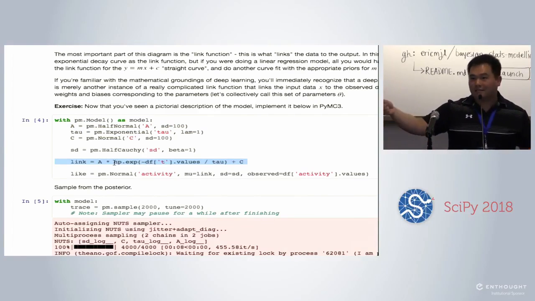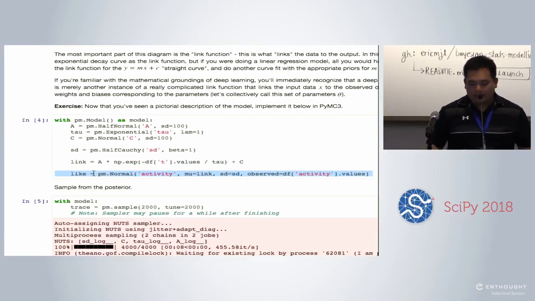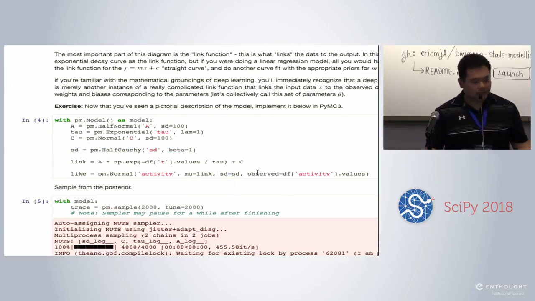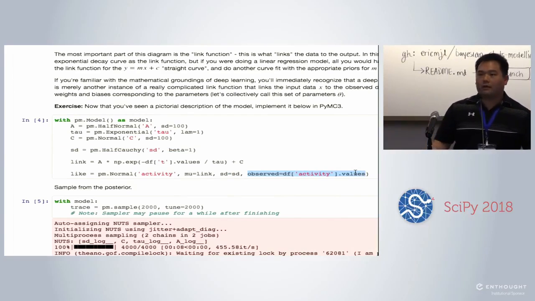So you have a logistic function as your link function. Think about it. Any function can be the link function. It does not have to just be the logistic function. So you can write this link function that looks like that, and then say that the output follows a normal distribution in which the mu is described by the link, the SD is given by this prior on the standard deviation, and that the observed values are what you're conditioning your model on.